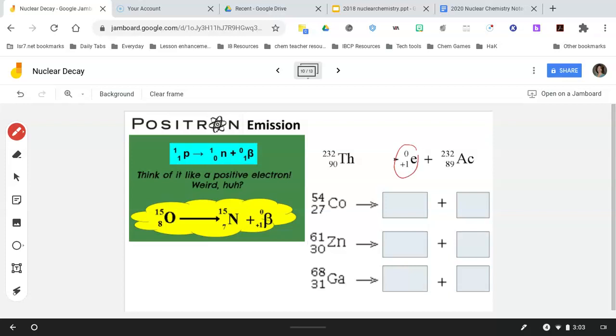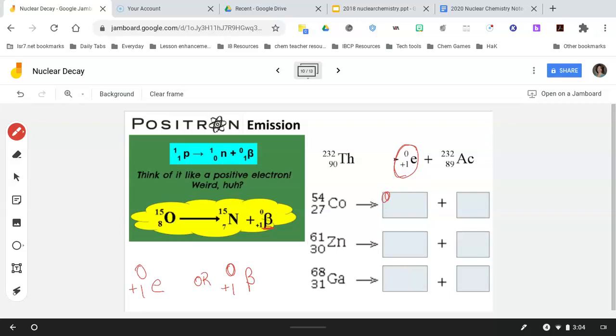I've got 0 over a positive 1. Okay. Notice I'm still using that E. You could also use the beta symbol as you do here. So you can have no mass, positive charge with the E for the positron, or you can have no mass, positive charge, and the beta symbol.